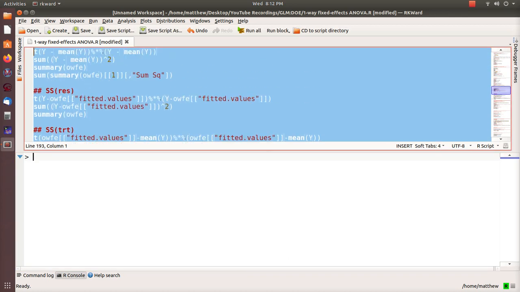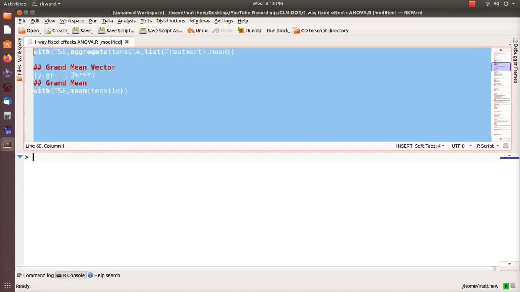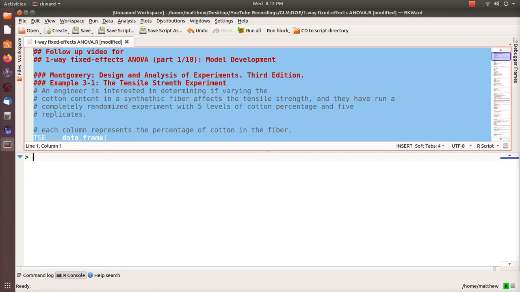So I'm going to highlight what we've done in parts 1 through 4 and run it so we can have those functions available. Now throughout this series we've looked at this example from Montgomery, titled Design and Analysis of Experiments. It's the third edition, example 3.1, and they called it the tensile strength experiment.